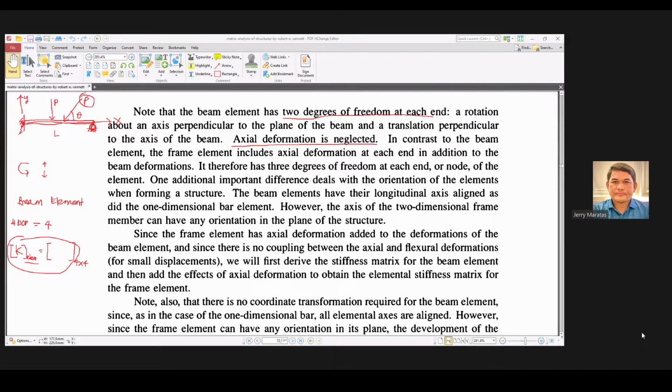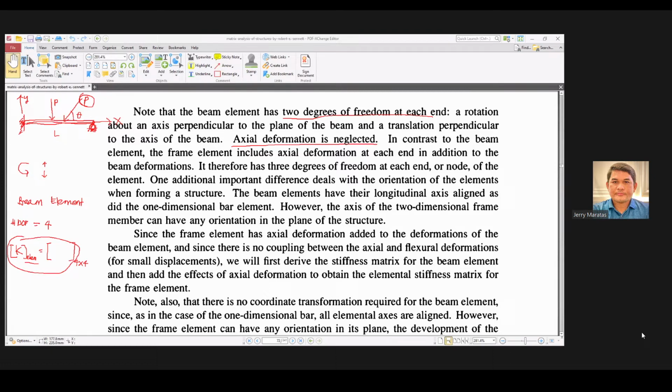So if you take into account the horizontal component of this applied load, then by all means this member now carries an axial load, okay? An axial stress.